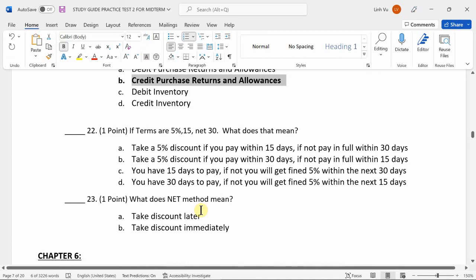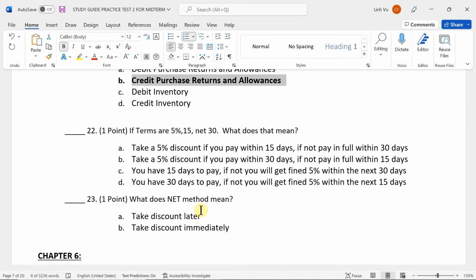Number 12, if terms are 5/15, net 30, what does that mean? So let's take a look. A says take a 5% discount if you pay within 15 days. If not, pay in full within 30. Well, there you go. That seems to be right on point. B says take a 5% discount if you pay within 30 days.